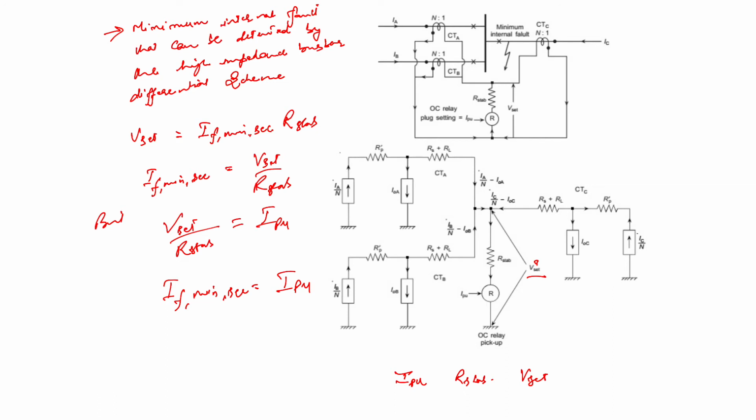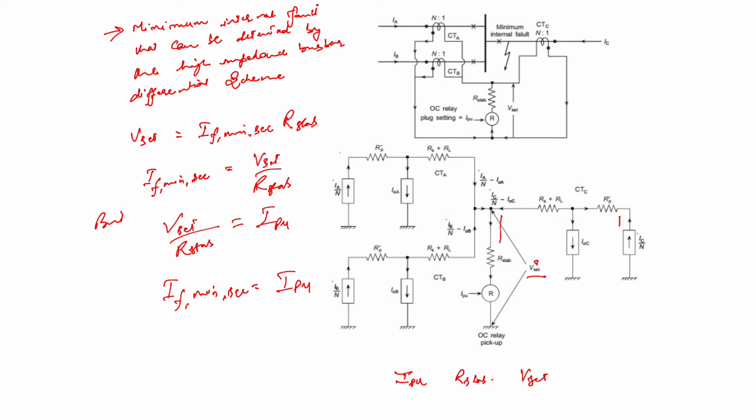Now here in this figure you can see that during the internal fault all the CT secondaries feed the spill current, and the current for the minimum internal fault in the high impedance spill path is what we have to calculate. In that case, during the internal fault, all the CT secondaries are feeding this spill path.